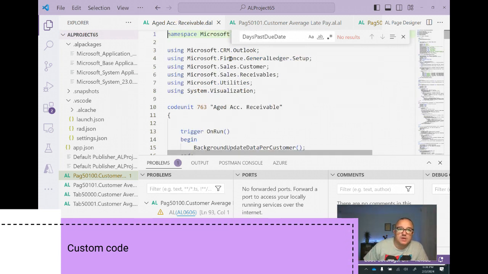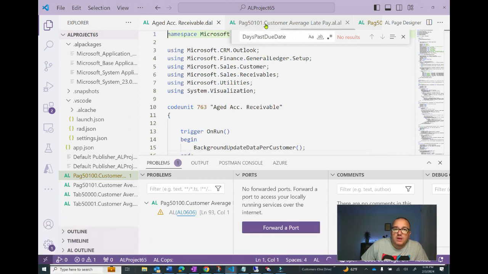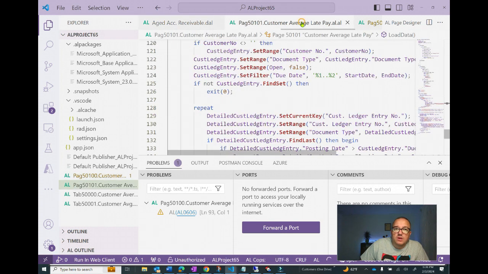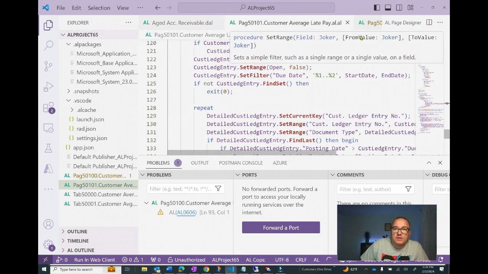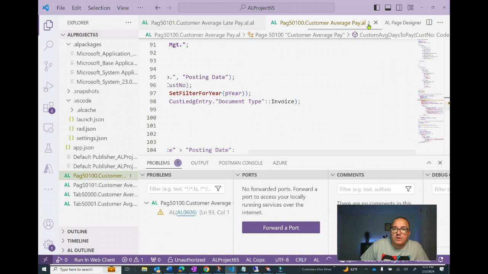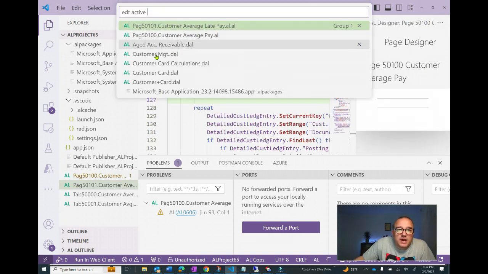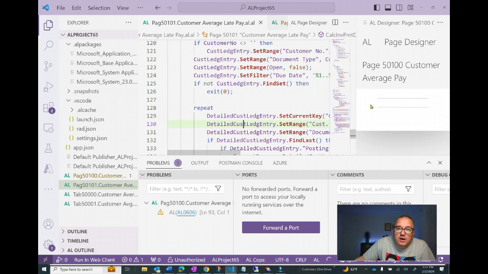This is codeunit 763, and it's part of the base application. One of them is in the customer management codeunit, and the other one is in the aged accounts receivable codeunit.